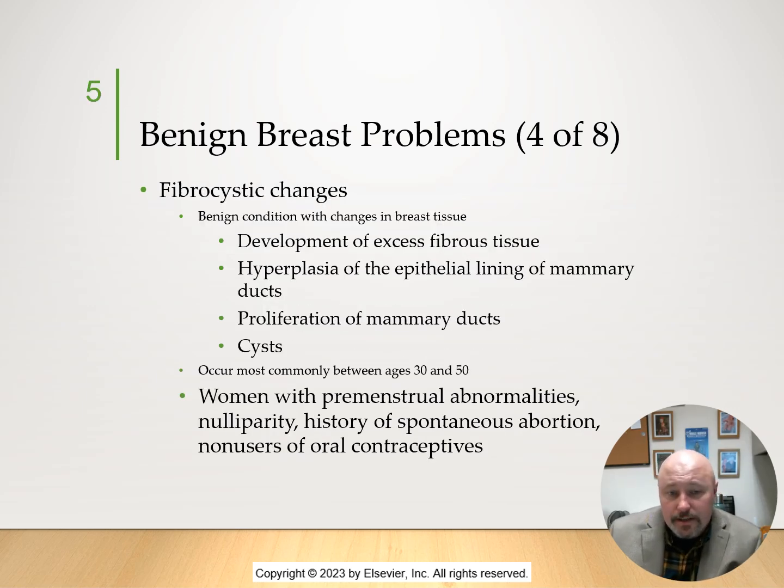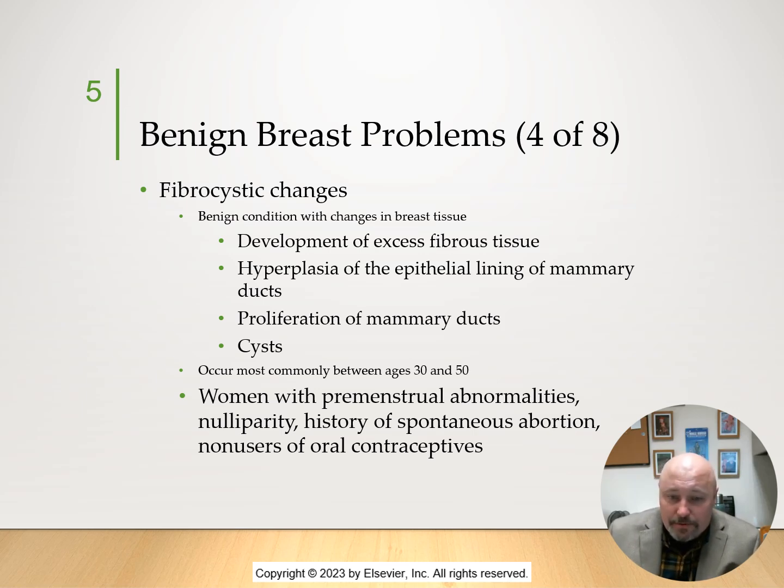Other issues could arise from fibrocystic changes within the breast. This is another benign condition with changes to the breast tissue itself. In this case, they develop excess fibrous tissue, hyperplasia of the epithelial lining of the mammary ducts, and proliferation of mammary ducts.